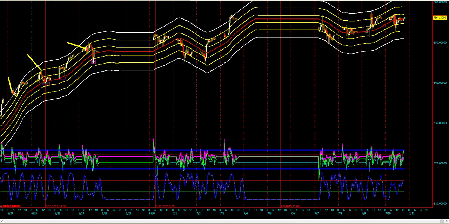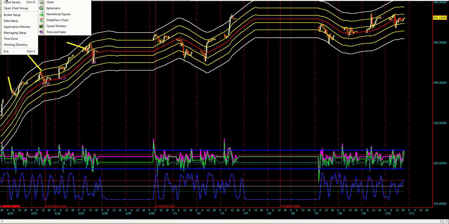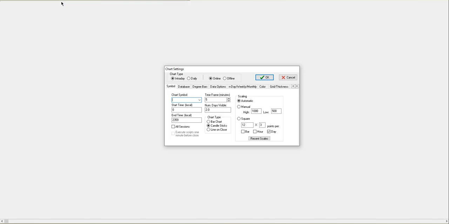A $1 move in QQQ is roughly, they're saying, roughly 42 points in NQ. Okay, so we don't know. You always open this chart, right? Like this.